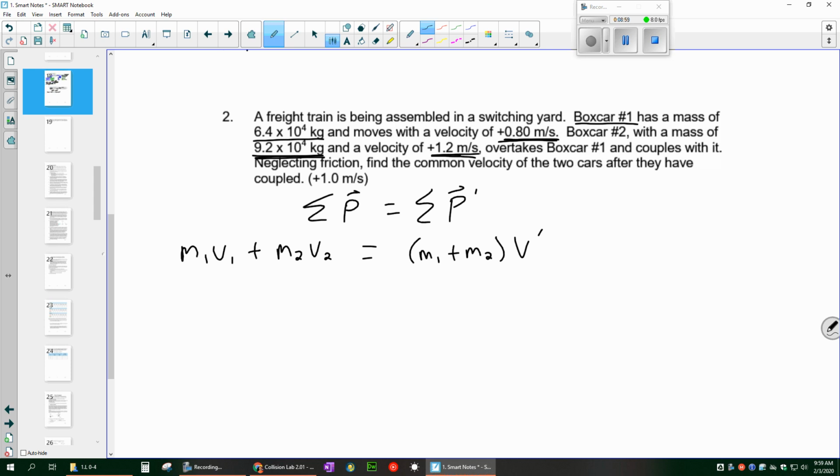You can just divide both sides by that. So in the end, that just really comes down to the bottom. So I'm going to write this out as M1 V1 plus M2 V2 divided by M1 plus M2, and that's equal to V prime.